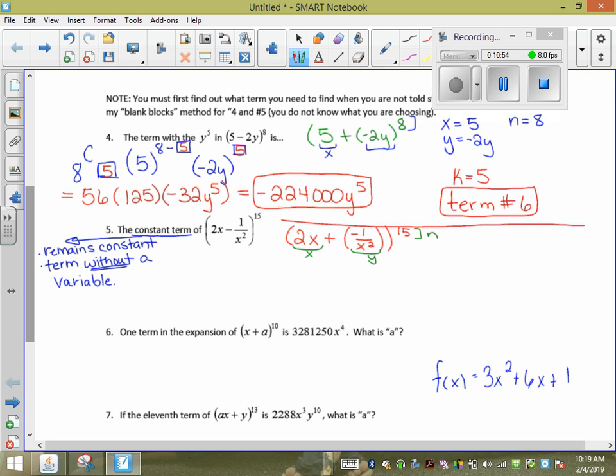That's my n. And my k is going to be a box. So I'm going to go 15 C box, 2x to the 15 minus box.